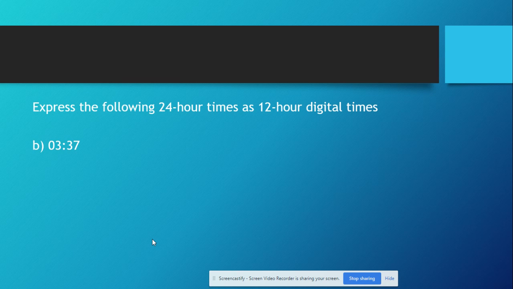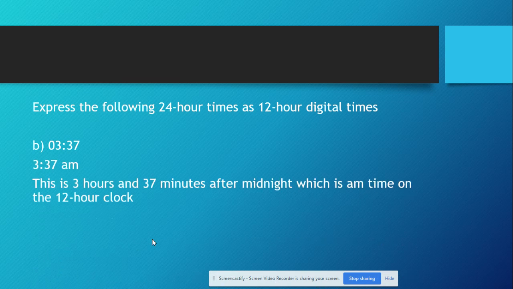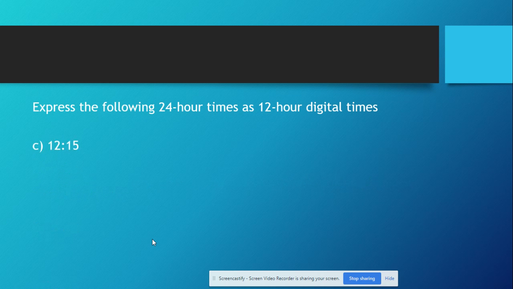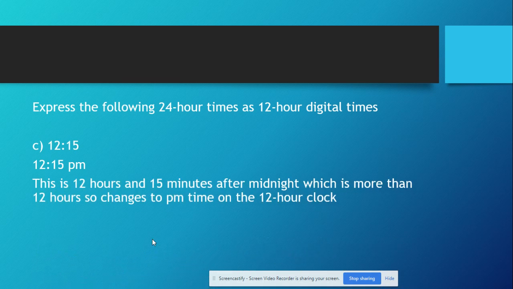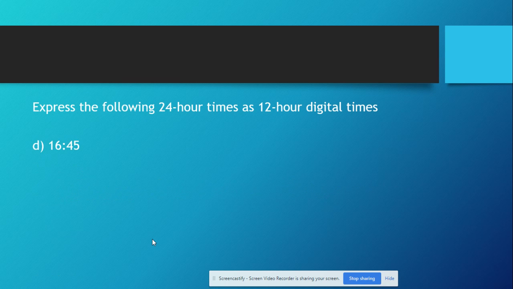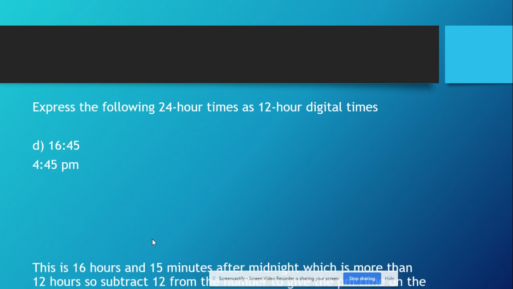There again, that's going to be in the morning, AM. 3 hours and 37 minutes after midnight. The 12:15, okay, so now that is lunchtime, so 12:15 p.m. 12 hours and 15 minutes after midnight, which is more than 12 hours, so it changes to PM. And then you've got 16:45. Now that is 16 hours after midnight, so it's the afternoon, so it's 4:45 p.m.